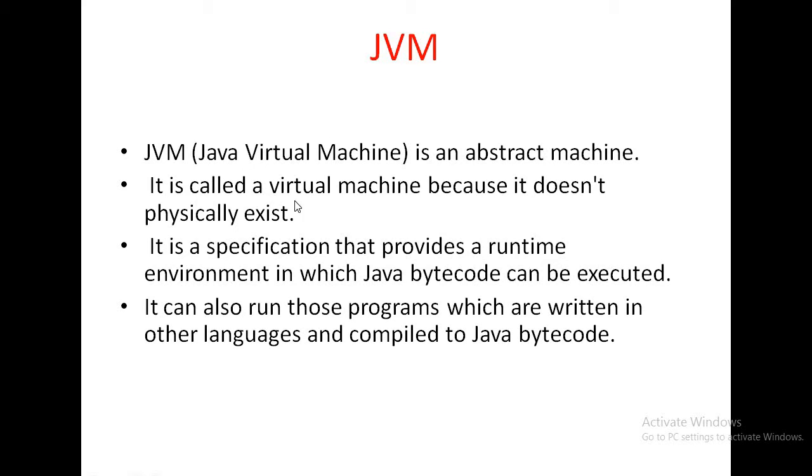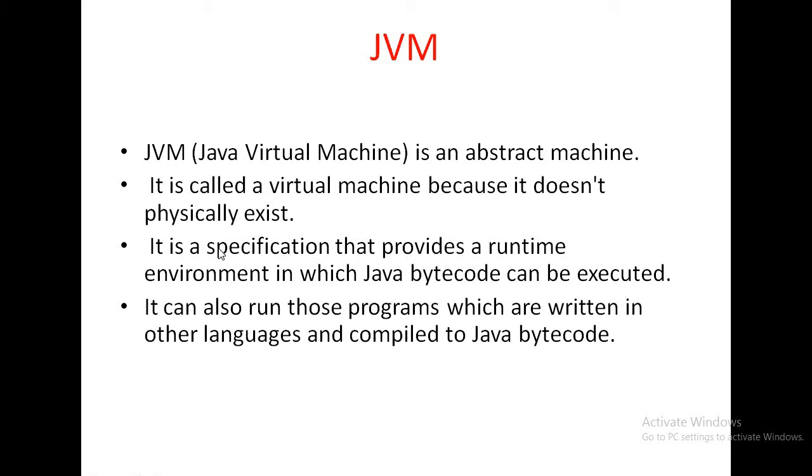JVM is a virtual machine because it does not physically exist. Why is it called virtual? It is not a real machine. It is a virtual machine because it does not physically exist. The physical existence of JVM is not there. It is just a specification.